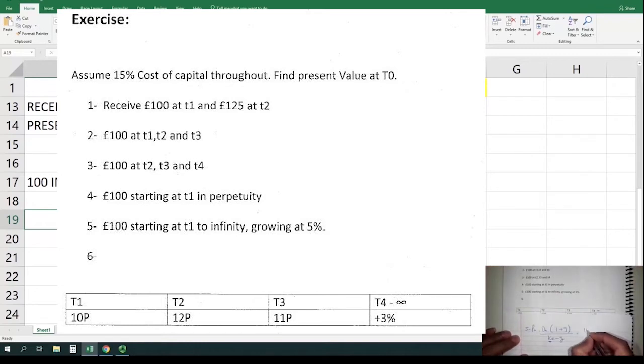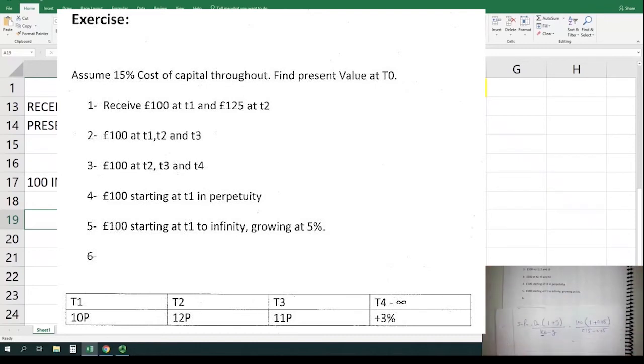So in this case, we have £100 and 1 plus G is growth rate, 0.05. 5% is 0.05, divided by 0.15 minus 0.05.